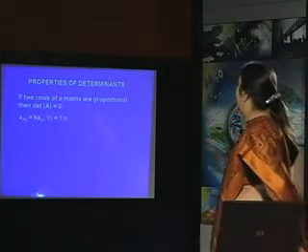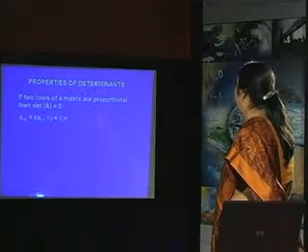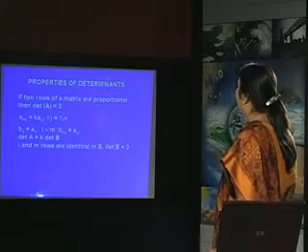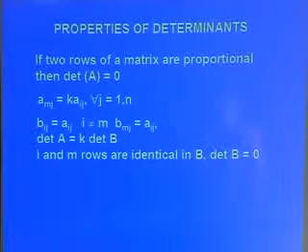So if two rows of a matrix are proportional, then determinant A is equal to 0. Now to prove this, we assume that the mth row and ith row of the given matrix A are proportional. That means A_mj is equal to K A_ij for all values of j between 1 to n.